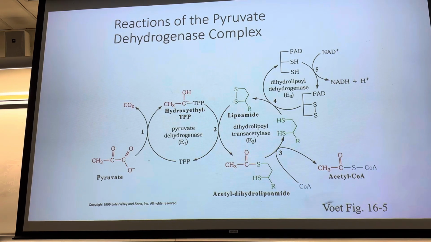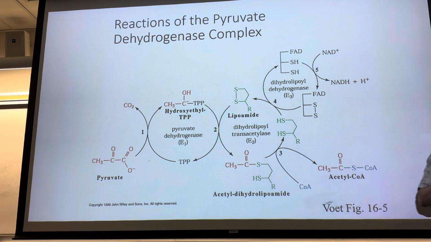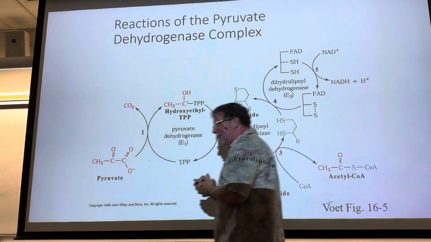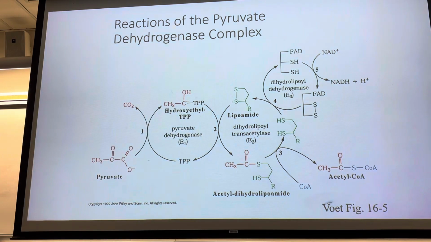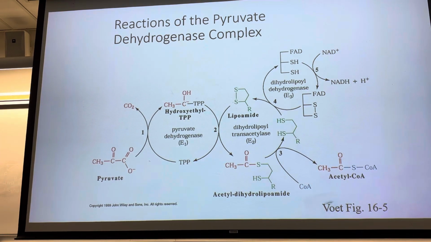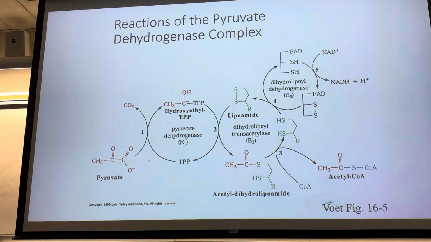Anyway, so what we're going to do is go through and talk about the reactions. We're going to first take that pyruvate and talk about the reaction of the pyruvate dehydrogenase complex. So far, the enzymes that we've been talking about in glycolysis have been structurally relatively simple enzymes.